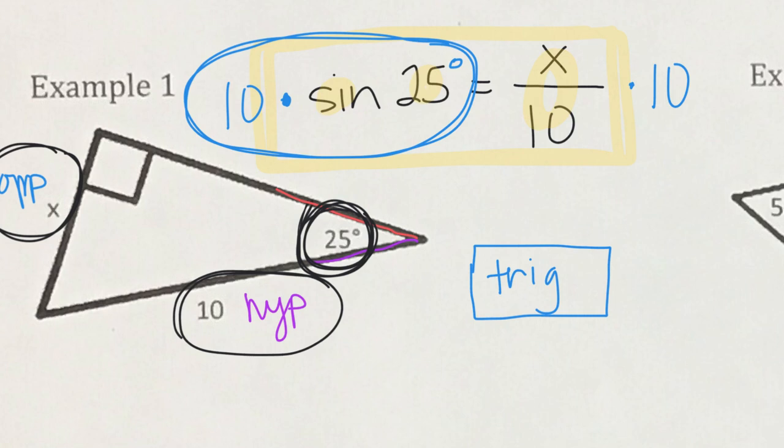So if you're in rad mode and you press 10 sine 25, you're going to get negative 1.32. And of course, that's wrong. We can never have a negative side length. So how do you put in the degree button? Well, there's a little button down here, the pi button. In the lower left corner, there's a pi button. And when you hit pi, you get some options.